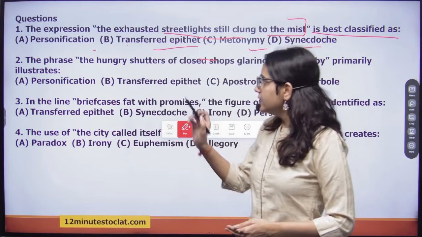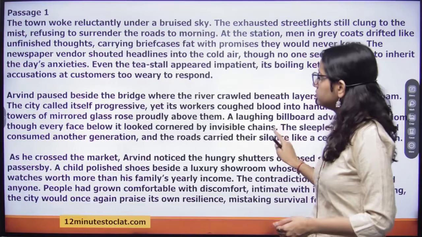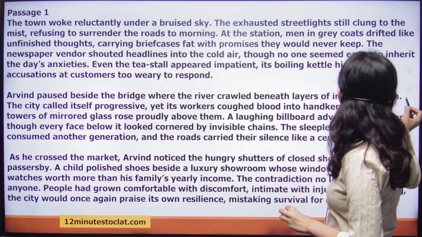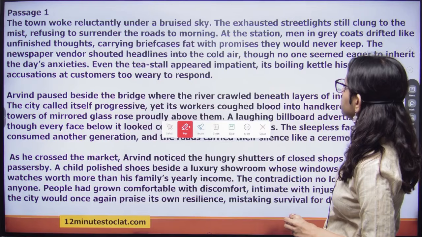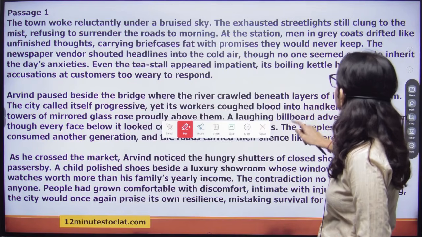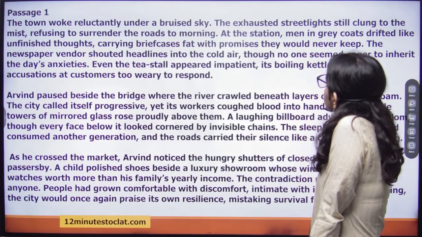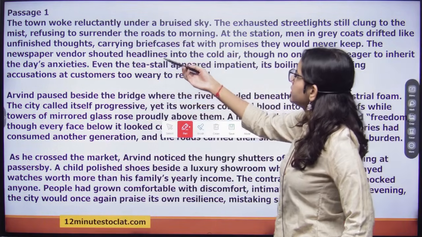Dekho, in this expression, beta, if I go back to the passage, where is this expression written? Here. Yes, the exhausted streetlights. Yes, the first line. The town woke reluctantly under a blue sky.